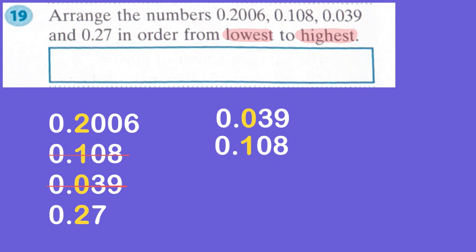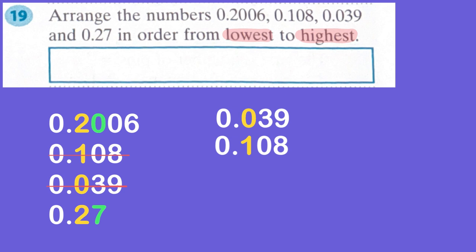Now we're going to be in a bit of a quandary because the last 2 numbers have the first digit 2 and 2. So now we're going to have to go to the next digit after that and check those out. So the next digit in here is going to be 0, and the next digit here is going to be 7.